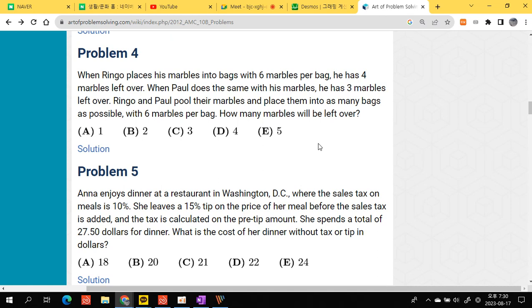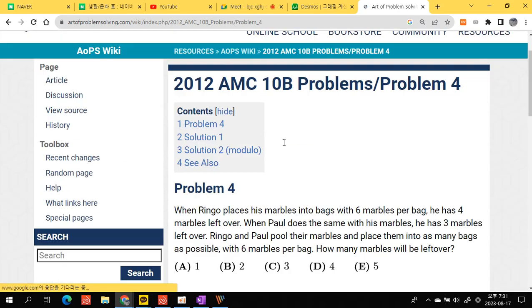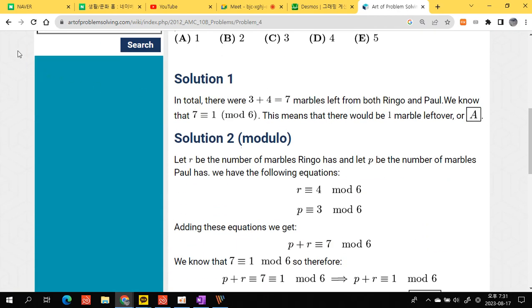So how many marbles are left? 1 remains. Yep.